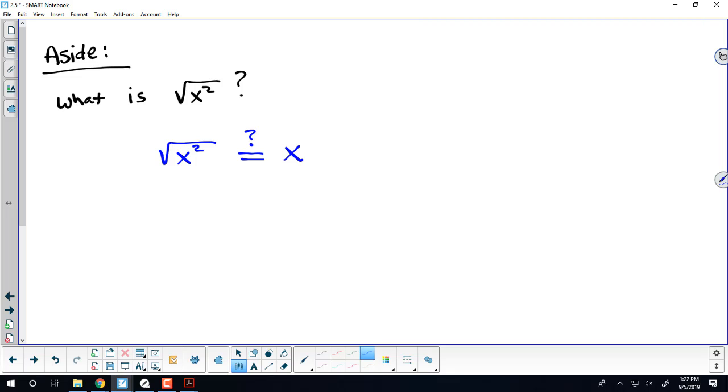It seems reasonable, but let's try to check that. We'll just pick a number. I'll say 4. What's the square root of 4 squared? It's 4. So it certainly seems to work out, right? Here's my x, I got x back.